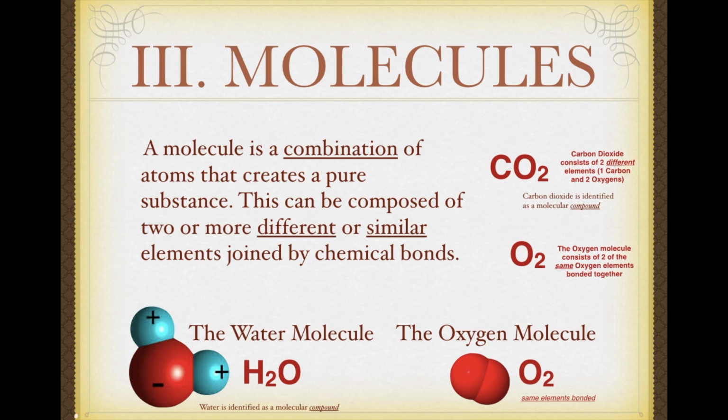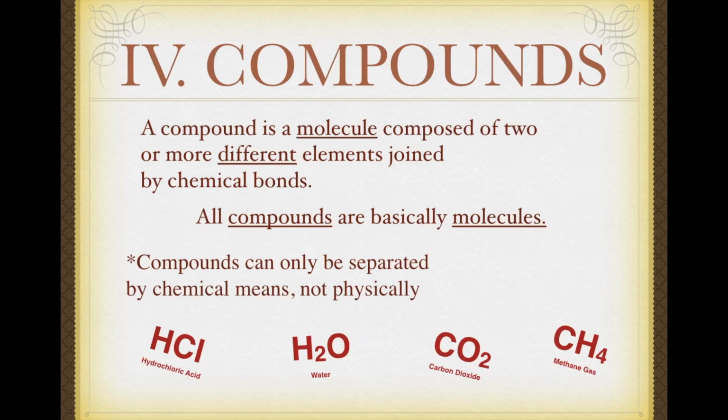Okay, so O2, 2 O's, that's the same. Or you can have H2O, 2 H's and an O bonded together. They are different. We have H's and O's. That's a molecule. Now, how's that different from a compound? Compounds generally are going to be 2 or more different elements. So you would not have O2 and describe that as a compound.